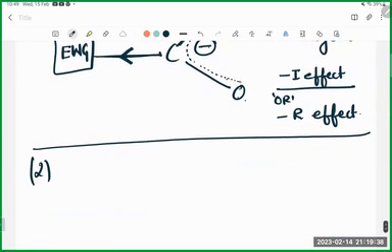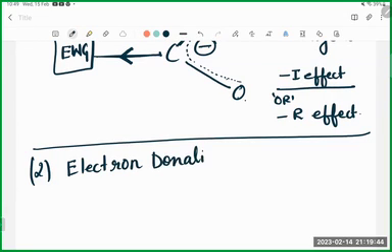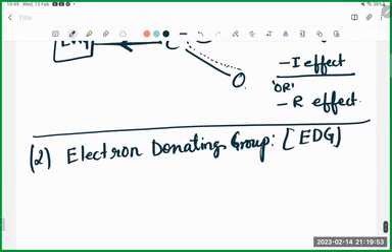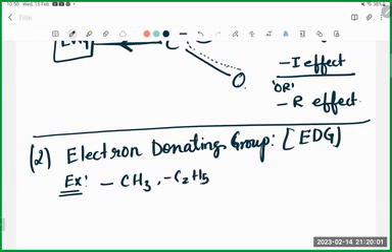Second group, electron donating group. So what is an electron donating group? EDG. Okay. Examples: we have methyl CH3, we have ethyl C2H5.